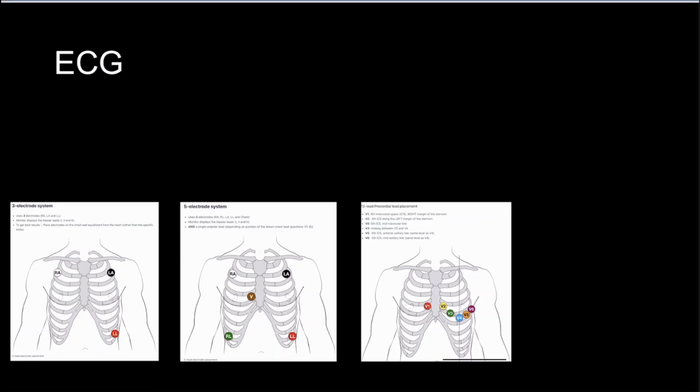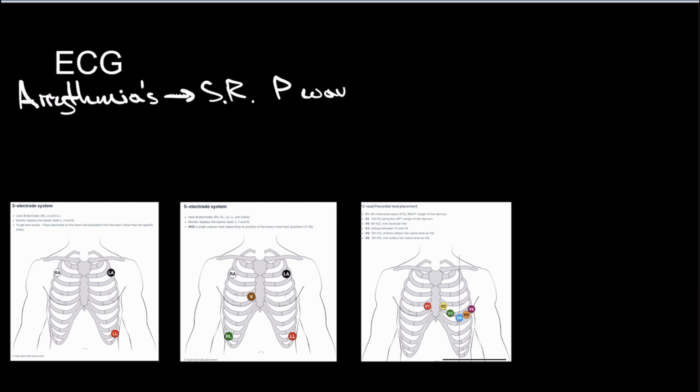So there's a few pearls when you're reading an ECG, or at least knowing how to appreciate the leads. If you're ever monitoring or you're concerned for arrhythmias, your best bet to monitor for sinus rhythm or for P waves is going to be observing V2.